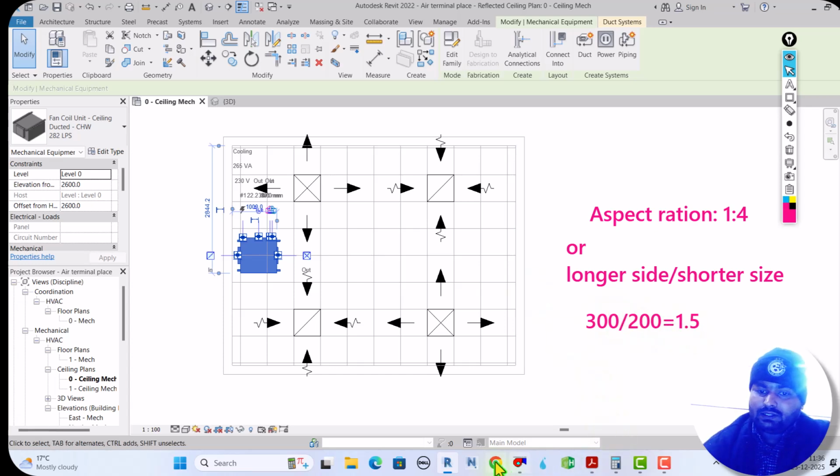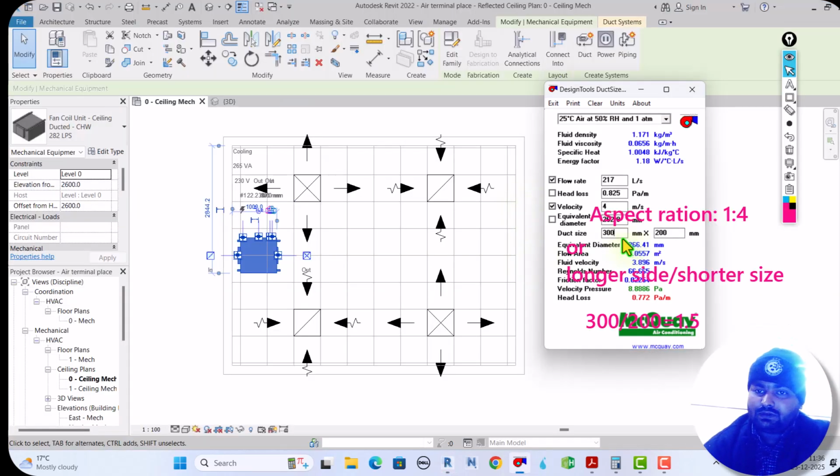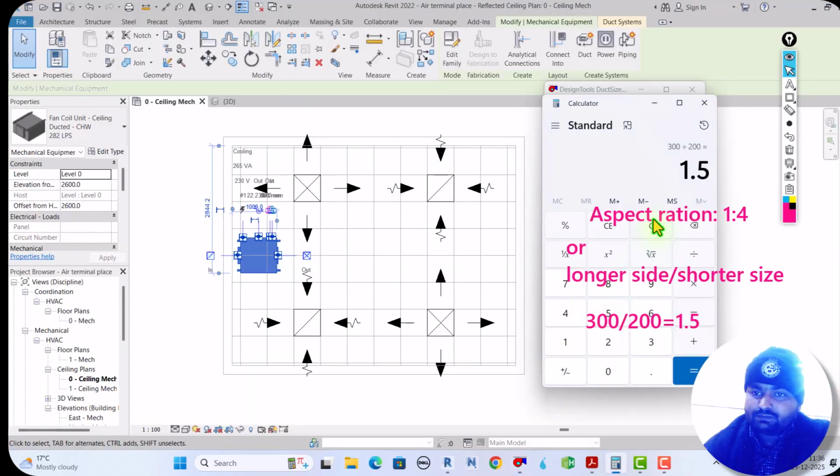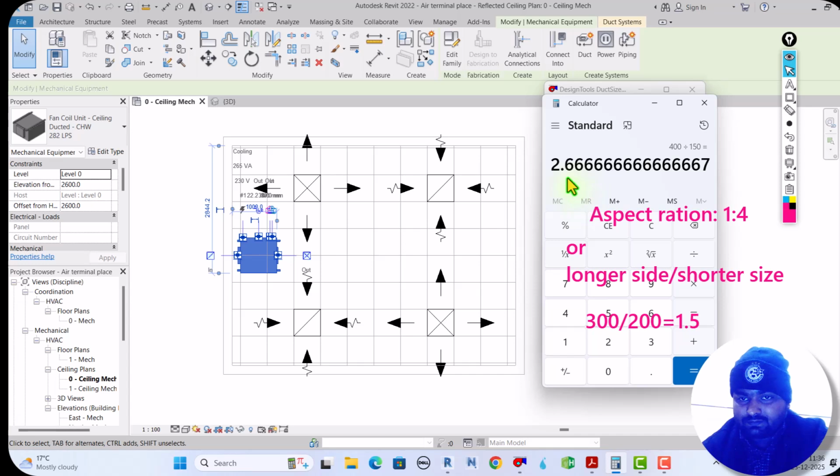And if I take here 400, then the duct will come 150. Then what will be the aspect ratio? 400 divide 150, aspect ratio is 2.6, right?